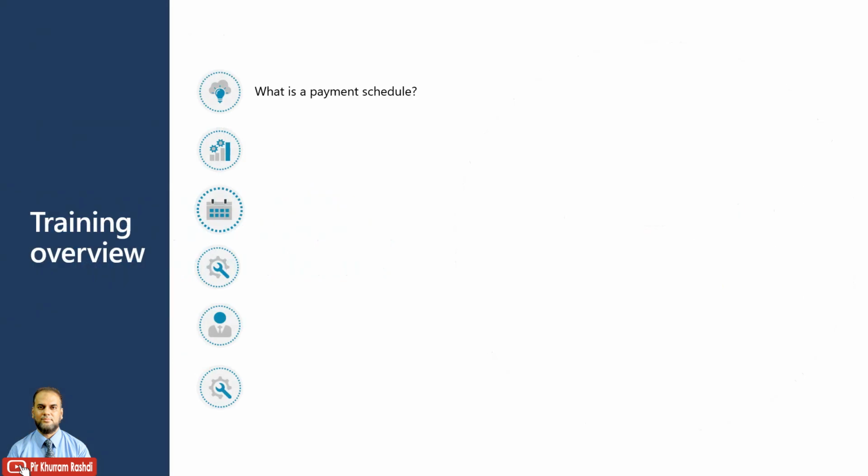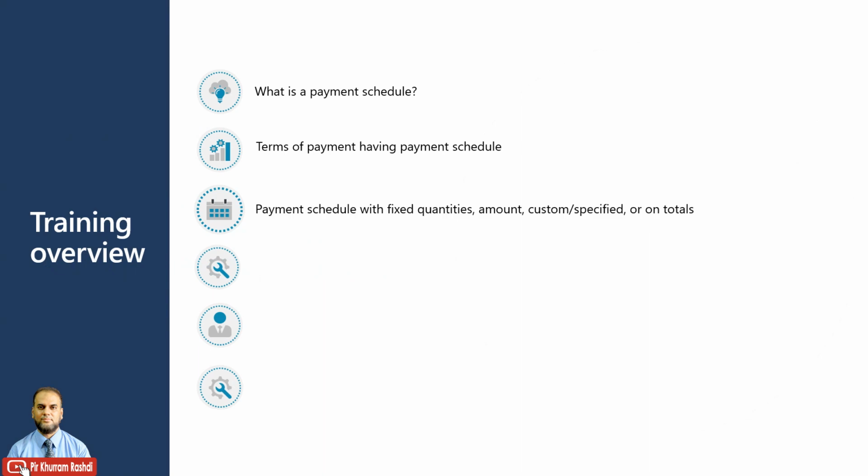We will start with the basic definition of what a payment schedule is, and then the terms of payment that are linked with the payment schedule, and how that can be linked. Then payment schedule with different schemes, meaning they can be fixed quantities, amount, custom or specified, or on totals.